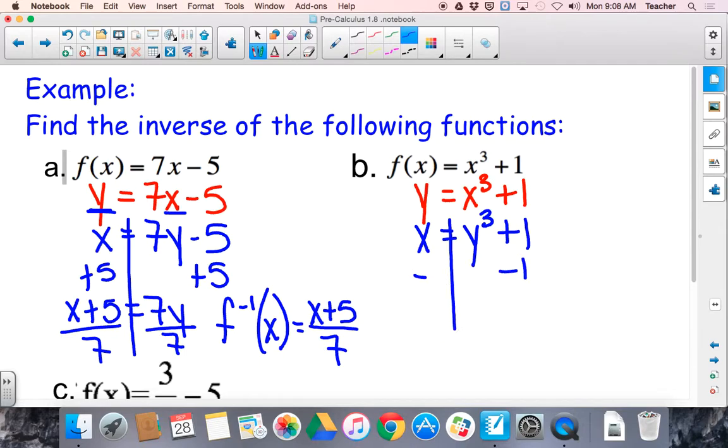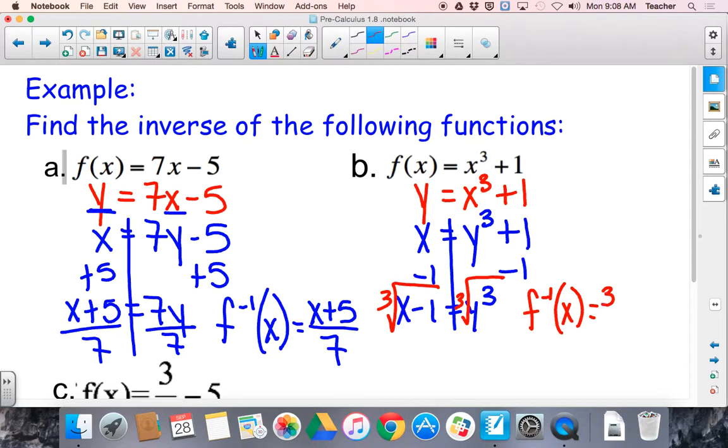So first thing to do is subtract 1. And now we have to remember, how do we get rid of a cubed exponent? You got to take the cube root of both sides. So my inverse function is going to say the cube root of x minus 1.